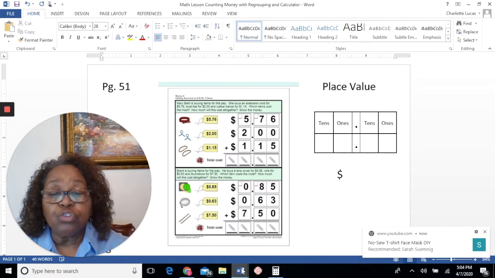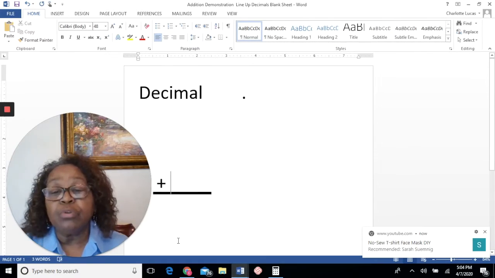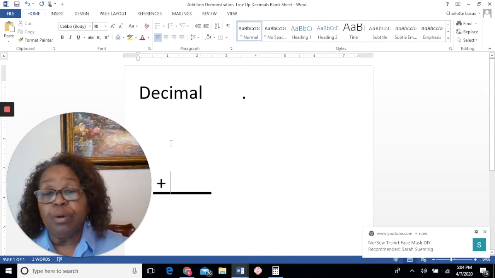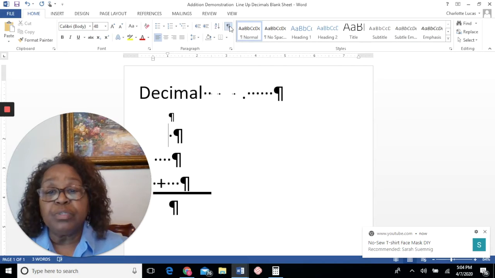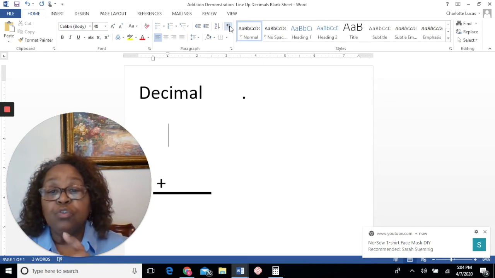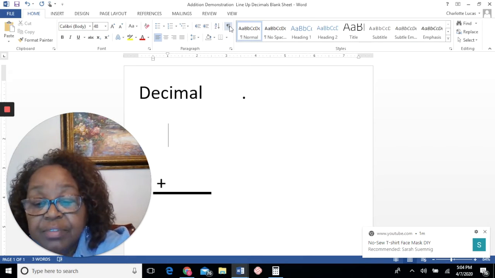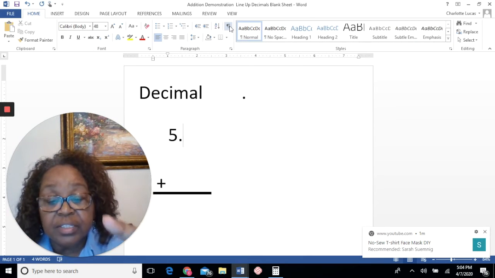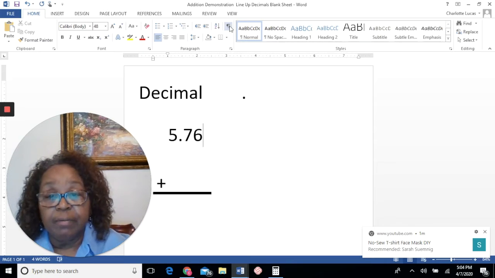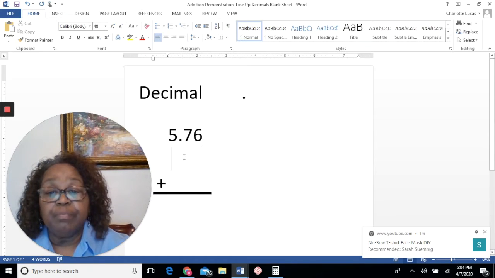What I first want to show you is how numbers line up. Lining up your numbers is very, very important. If you line your numbers incorrectly, you won't be able to add and get the correct answer. So $5 and use our decimal, 76 cents, if we lined it up.